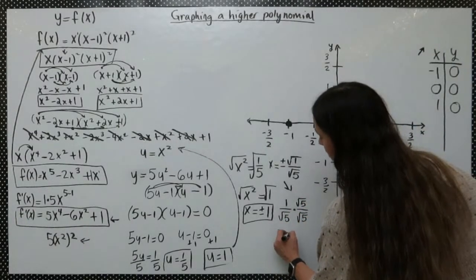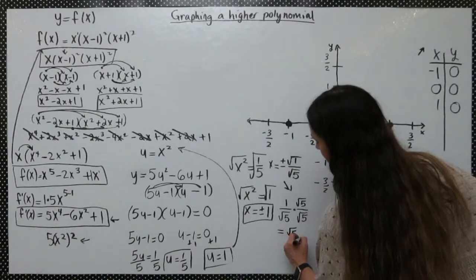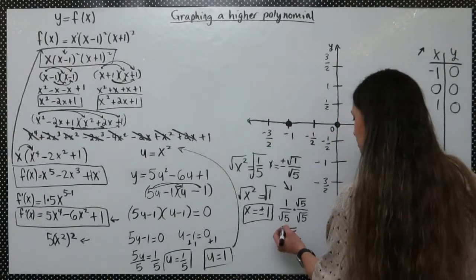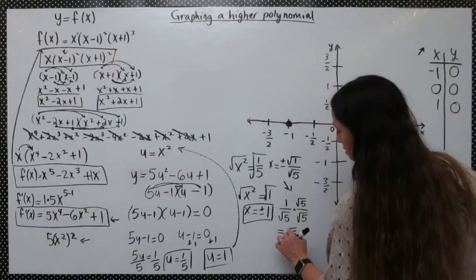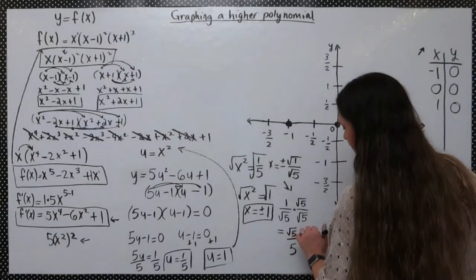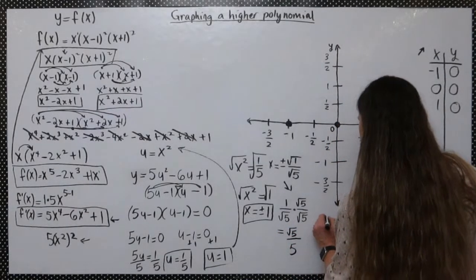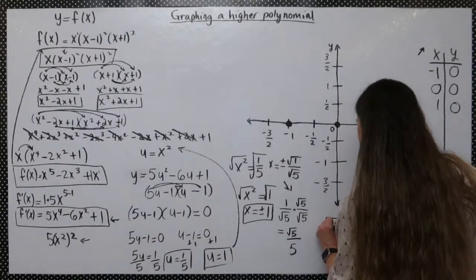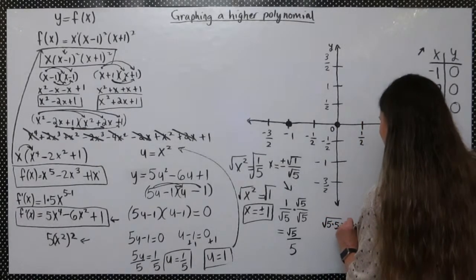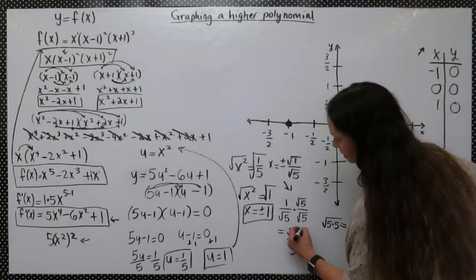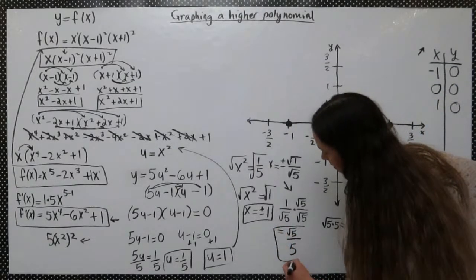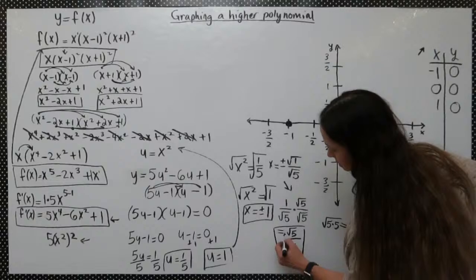So then you get radical 5 divided by, and when you multiply two radicals, radical 5 times radical 5 is radical 5 times 5, and that's just 5. So that's allowing me to rewrite this expression like this. And then not forgetting the plus and the minus on there.